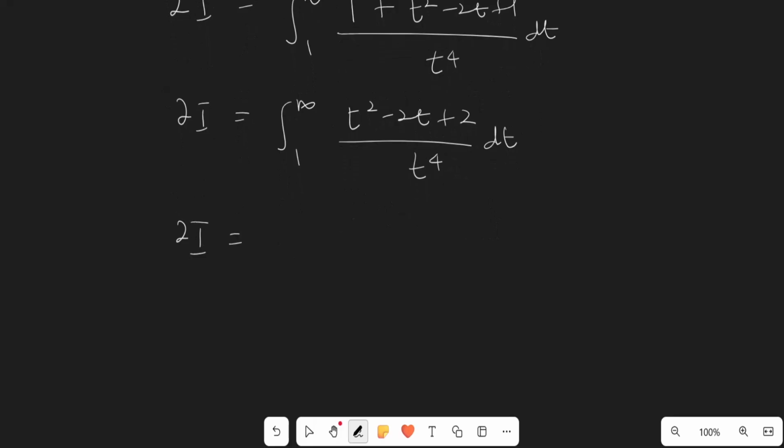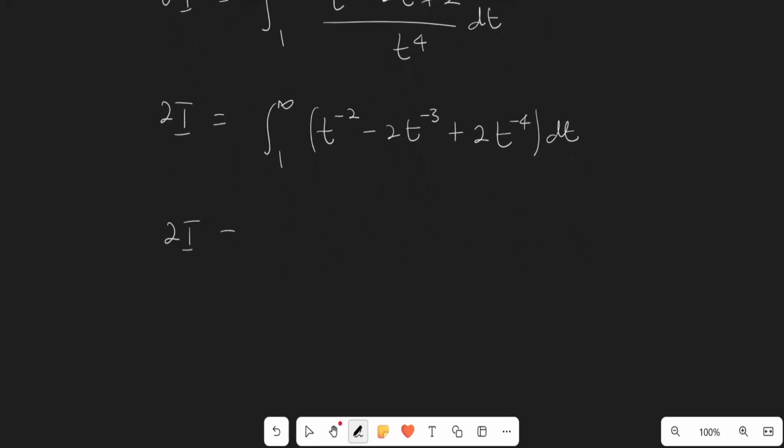So 2I is going to be the integral from 1 to infinity of, this one can be split into t raised to the power negative 2 minus 2t raised to the power negative 3 plus 2t raised to the power negative 4, all dt.